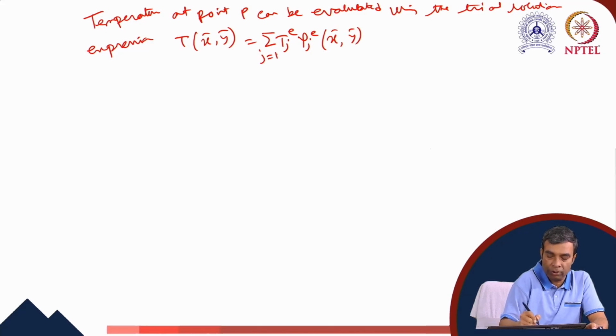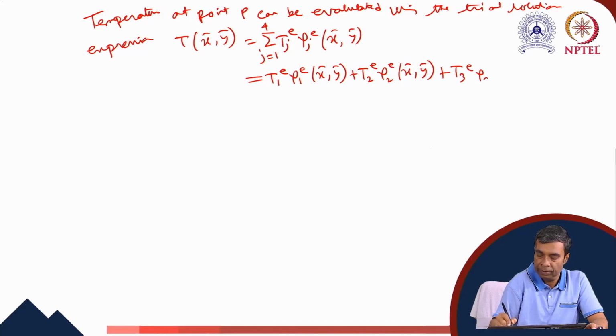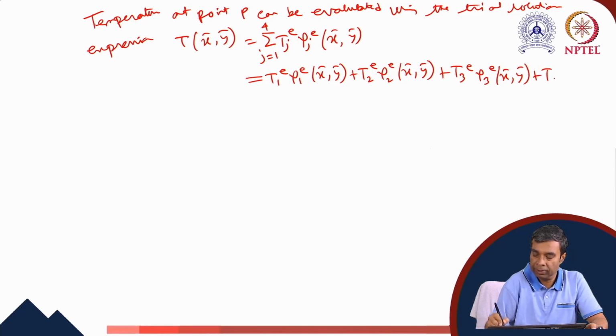Here we have 4 nodes, so J varies from 1 to 4, equals T1E psi 1E at x bar y bar plus T2E psi 2E at x bar y bar plus T3E psi 3E at x bar y bar plus T4E psi 4E at x bar y bar.